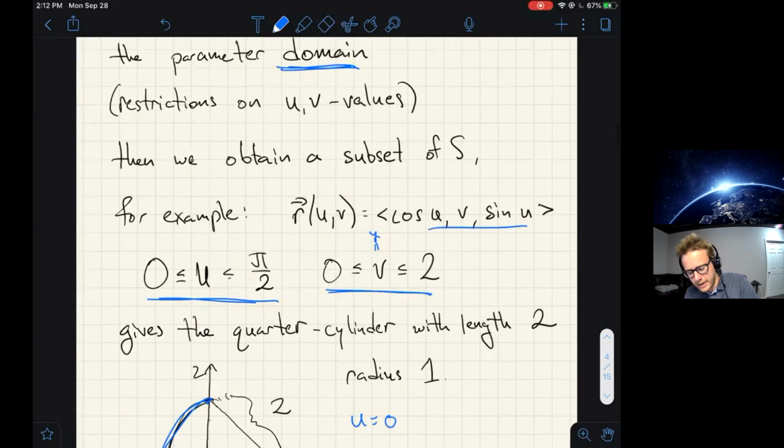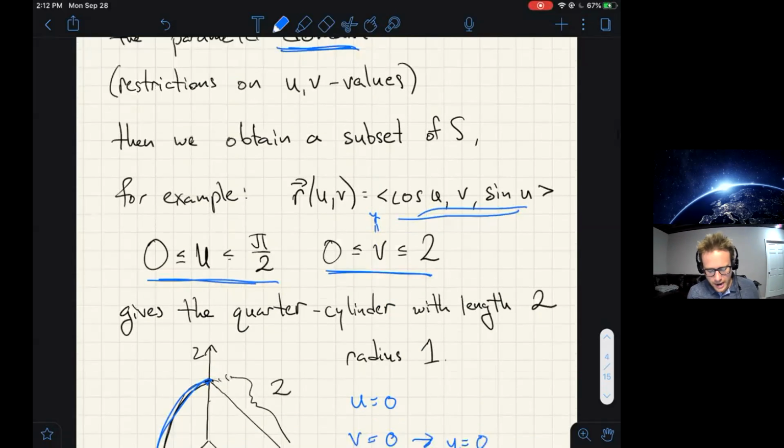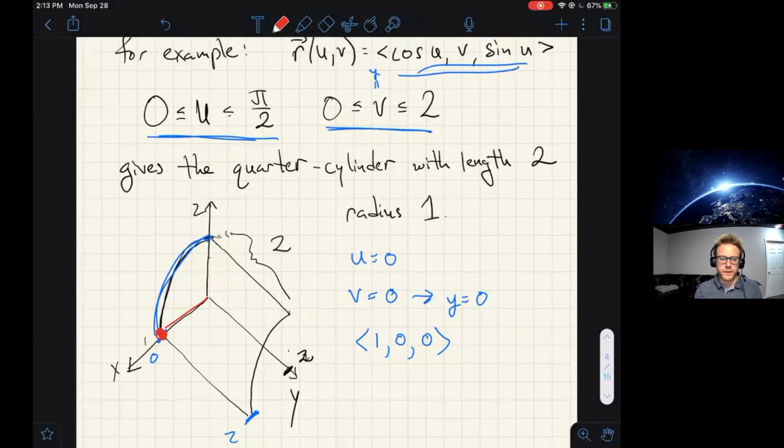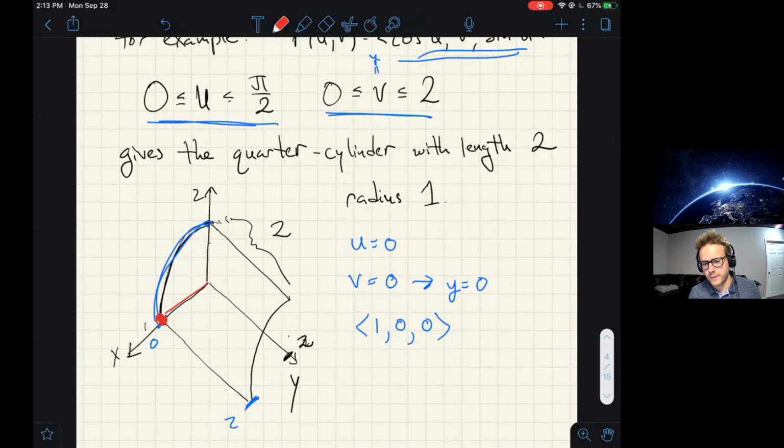And again, what I'm plugging this into is this right here. So I'm going to have the point cosine of U, V, sine of U. So cosine of 0 is 1, V is 0, and sine of 0 is 0. So I get (1, 0, 0). So on my picture over here, we go 1 in the x direction, none in the y direction, none in the z direction, right?